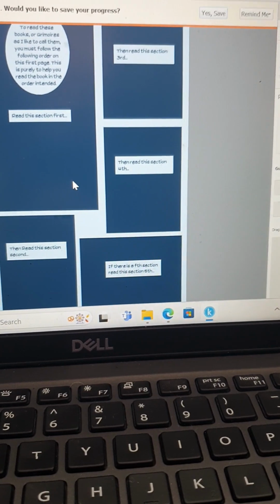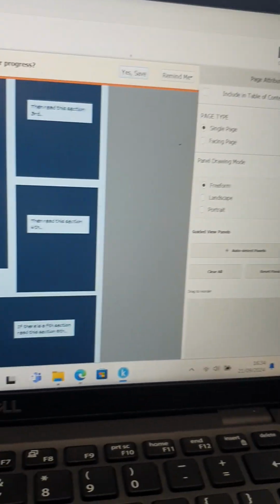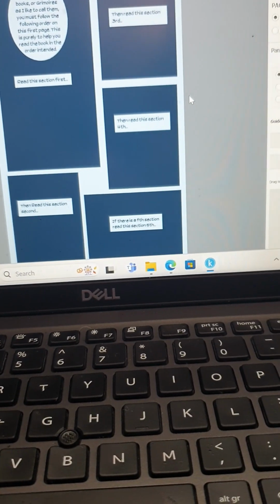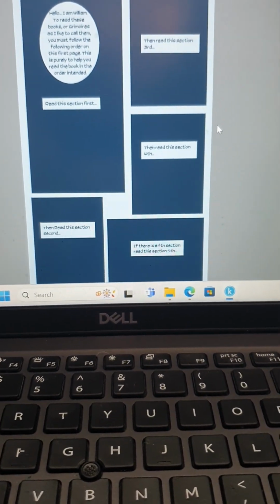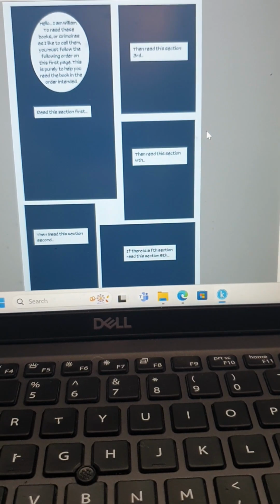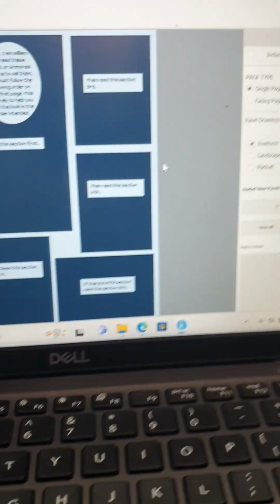Percy Jackson, I'm looking at you, but you get what I'm saying. Like, it takes away important bits. This is how it leads to the final confrontation or the final outcome.